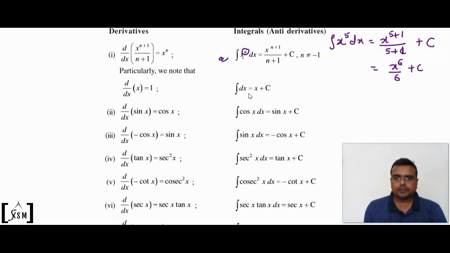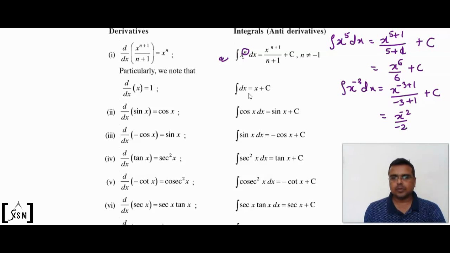Okay, let's say if it is x to the power minus 3 we have to integrate. So it would be x to the power minus 3 plus 1 all over minus 3 plus 1 and plus the integral constant. So it would be x to the power minus 2 over minus 2.